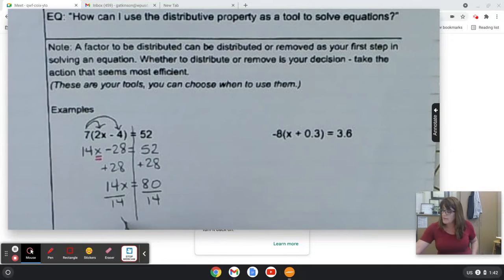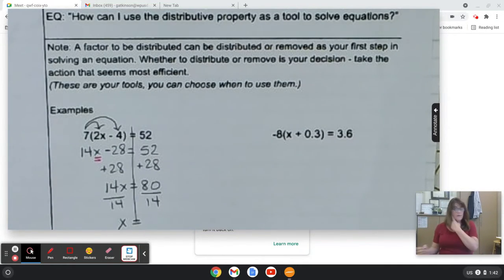So that leaves us with x equals, well, whatever 80 divided by 14 is.